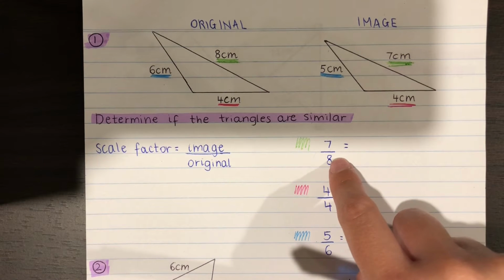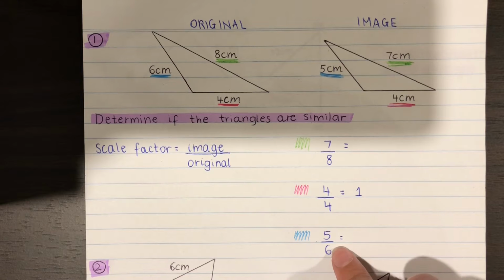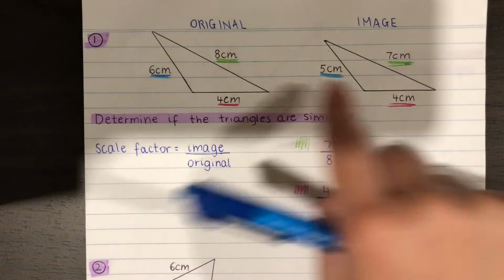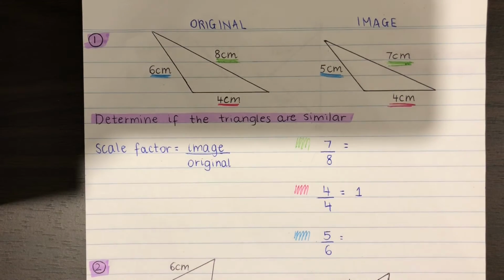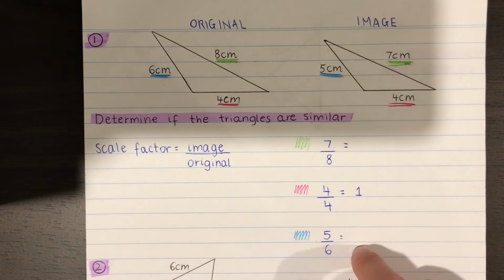And this will not equal 1, that's less than 1. And this also will not equal 1 because this is less than 1 as well. So already we know that these two triangles are not similar, because all of these answers are not going to be the same.